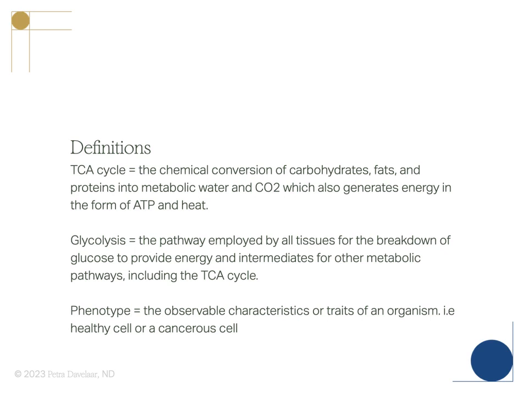Glycolysis is the pathway employed by all the tissues for the breakdown of glucose to provide energy and intermediates for other metabolic pathways, including the TCA cycle. A phenotype is the observable characteristics or traits of an organism, for instance, the healthy cell or a cancerous cell.